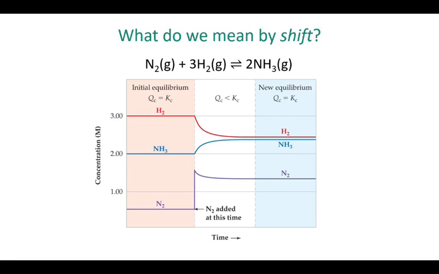And so what we see as the concentrations change in the second part here is that the concentration of NH3 goes up because it's a product, and the concentration of H2 and N2 go down because they're reactants. So we would say that this reaction mixture shifts toward the products in order to re-establish equilibrium. So here at the new equilibrium at the end, we see that we have a new consistent ratio of H2, NH3, and N2.